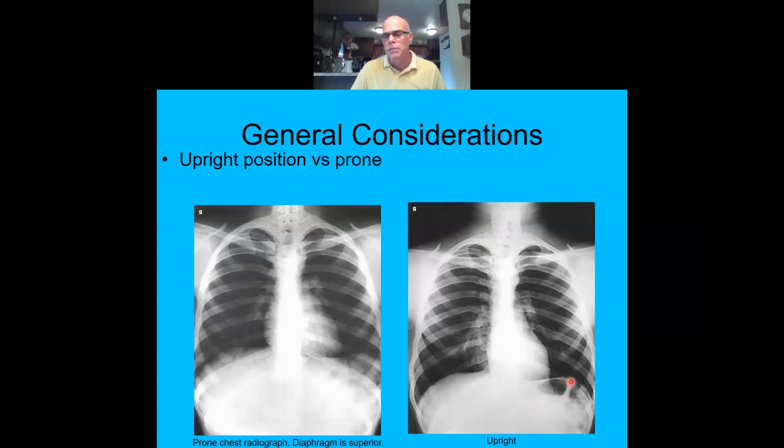So that tells us that this person was done upright versus this one here where you can't really see the gastric bubble. So this person was done prone, but you can see how the diaphragm is more superior. What happens when you lie down, all your visceral organs push up on the chest and the diaphragm, and it causes all of this to go higher. So your diaphragm is a lot higher when you're doing a prone or a supine chest, because this actually spreads out and pushes up against the diaphragm.